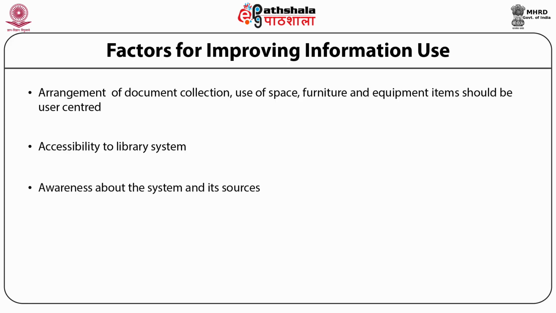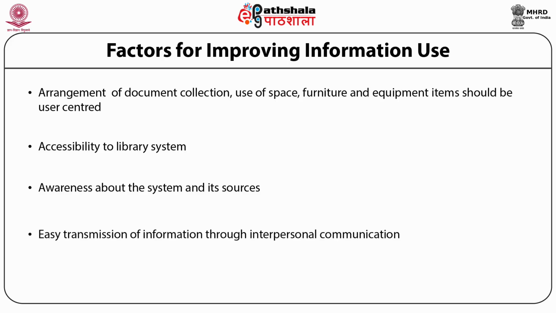Awareness about the system and its sources is another important factor which would improve information use. If users are fully aware about the system, its sources, its services, the facilities, the information products, etc., offered, then the information use will considerably increase.